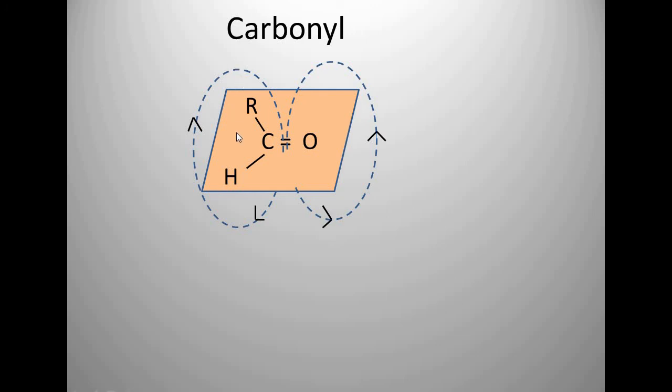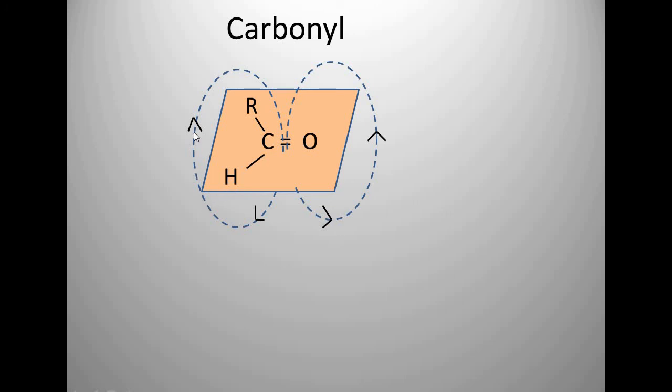Consider one plane where your carbonyl compound is, and we generate a magnetic field like this. Because we deal with proton NMR, we only bother about the magnetic field experienced by this H, or you can say by the proton.